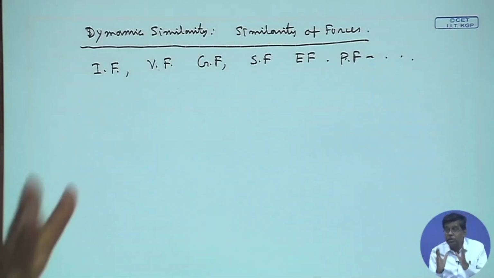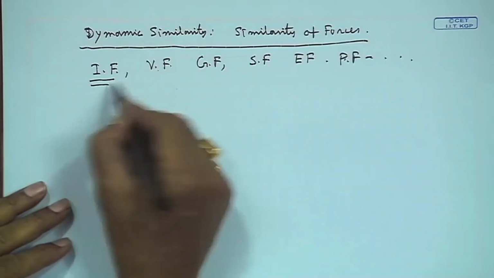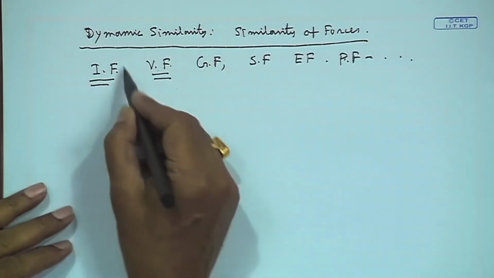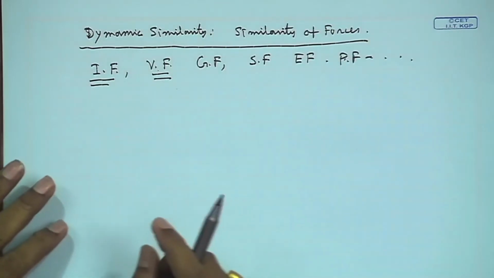So, to ensure the dynamic similarity, the ratio of the forces at the corresponding points between the two systems, system 1 and system 2, between which similarity is sought, has to be the same. To make this, we have to find out the parameters that define the inertia force and viscous force.